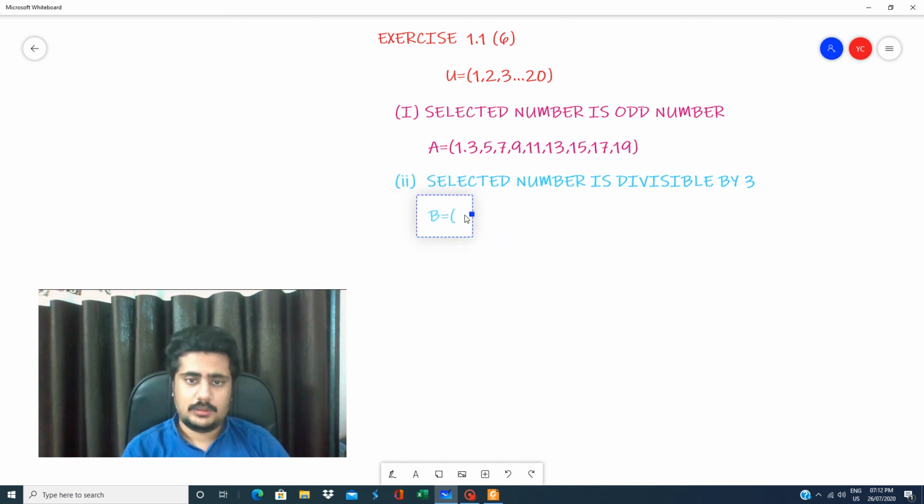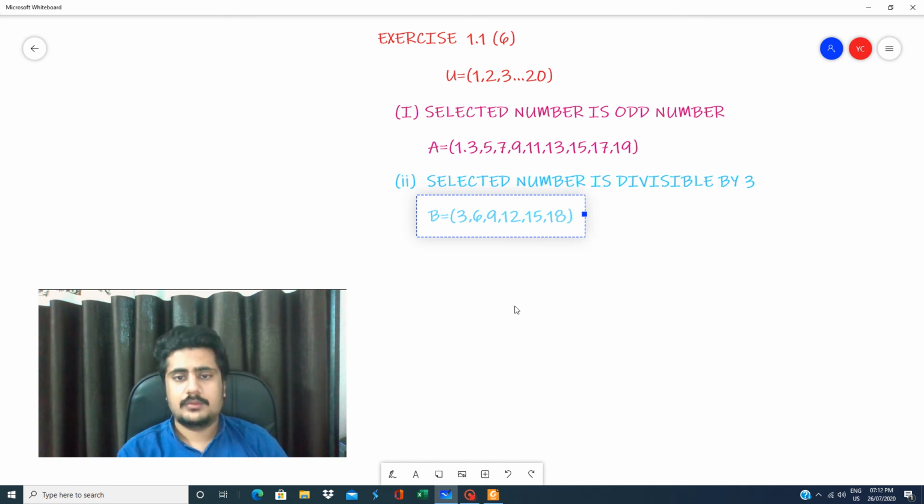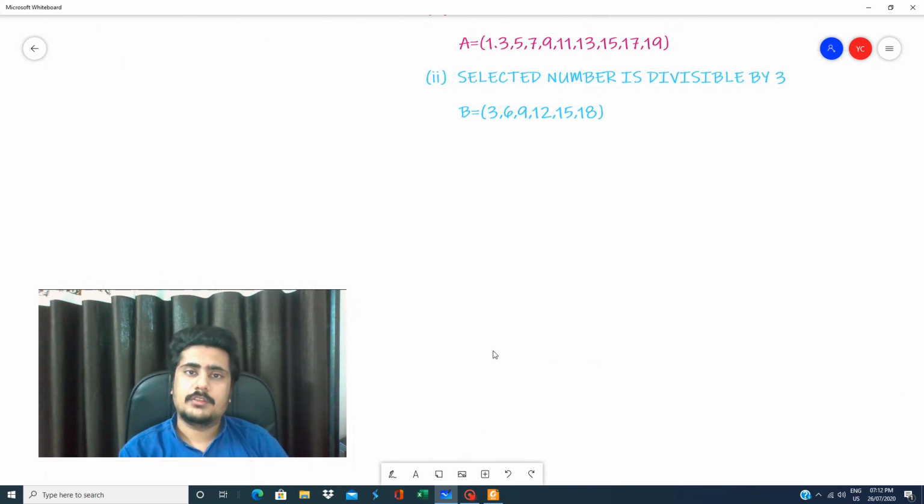D is equal to... The number should be divisible by 3, so you have to write the table of 3. It's 3, 6, 9, 12, 15, and 18.